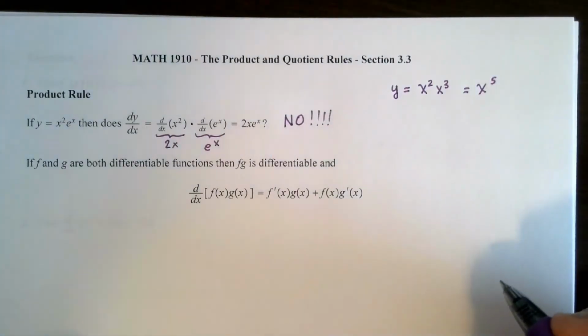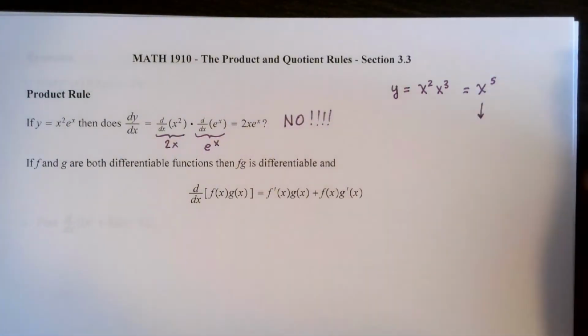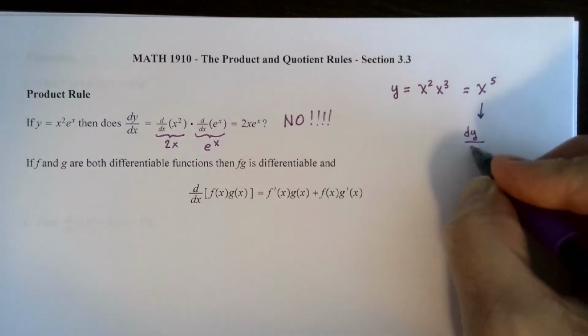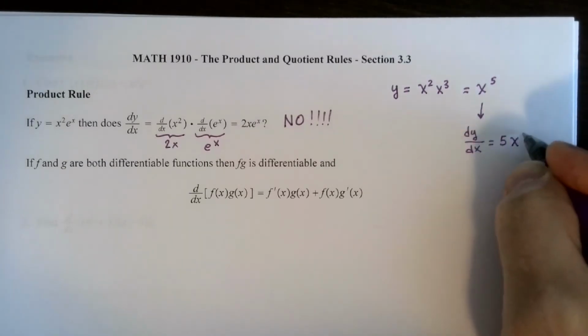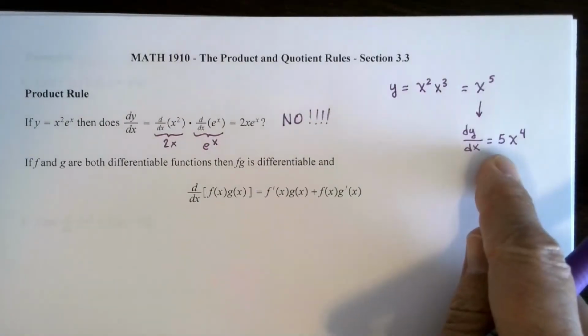And if I take the derivative using the power rule, we would have dy dx is 5x to the what? Subtract 1, 4th power. So we learned that power rule, so we know that is correct.